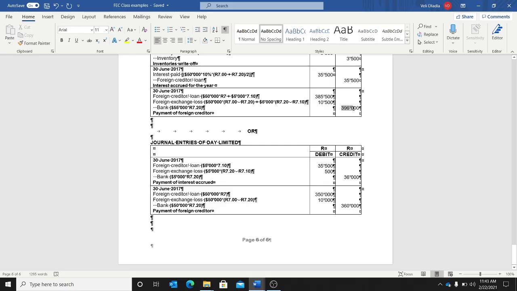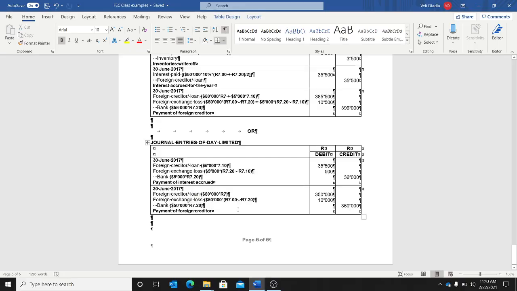You see this one here, it's the 36 here plus 360. So I'm showing you that I can break this down, because here we've combined the capital amount that is not paid, that at the end of that year we paid. So it's the capital amount and the interest. So here's the interest and the exchange rate that relates to it. Here it is the payment of the 50,000.